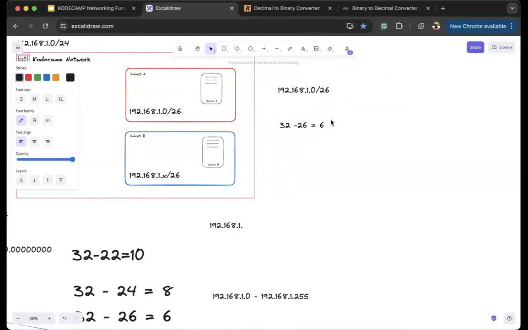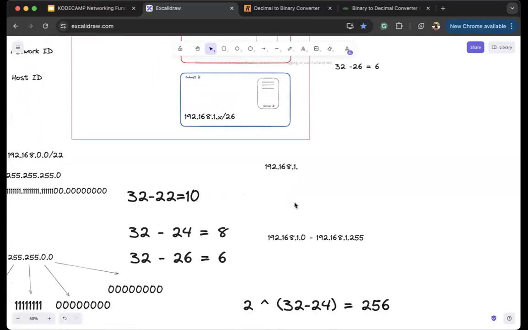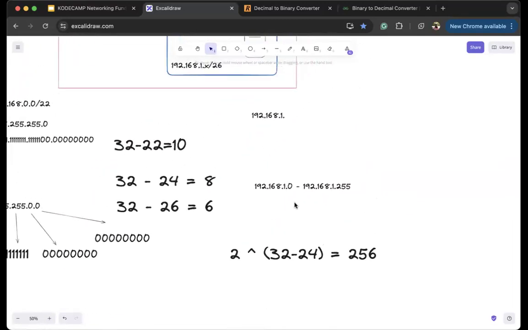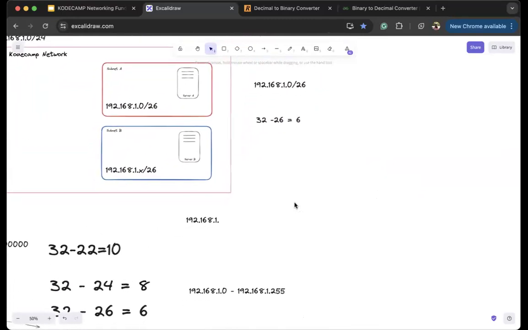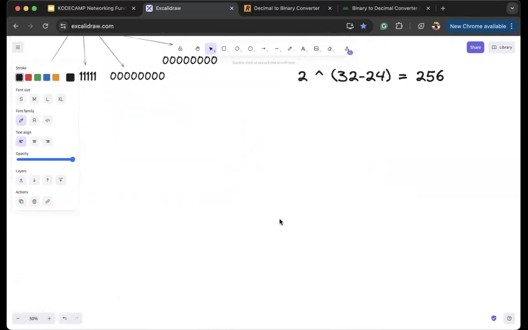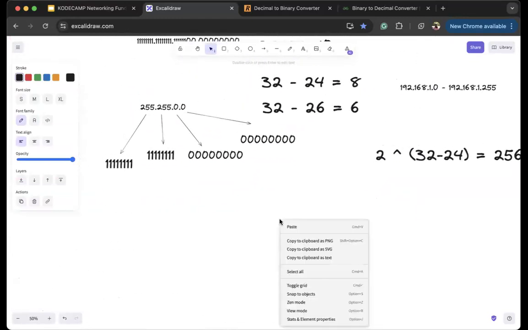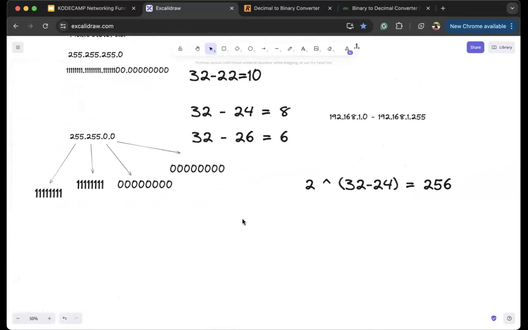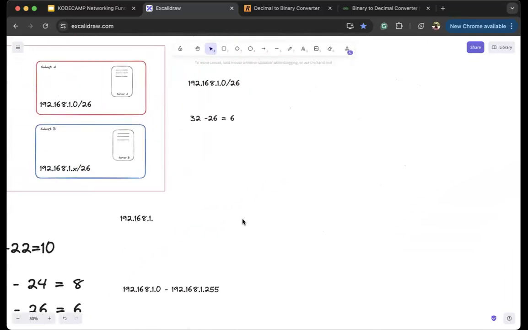So I have 6 here. That's the number for my hosts, the zeros for my hosts, right? I think we got it last time. It gave us 6 zeros.